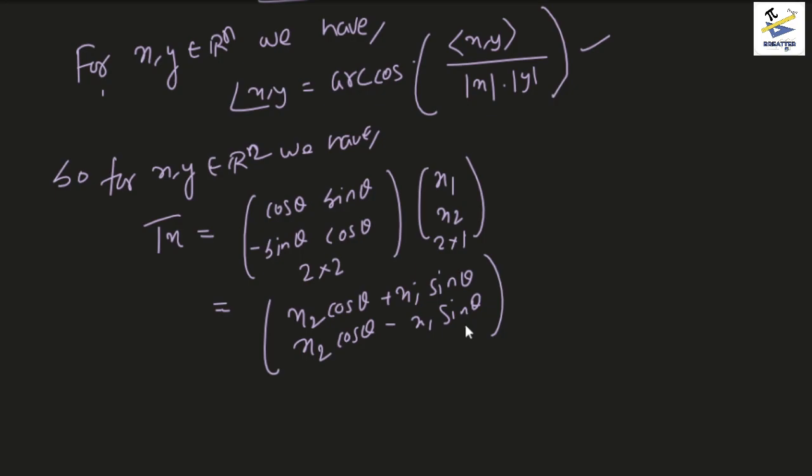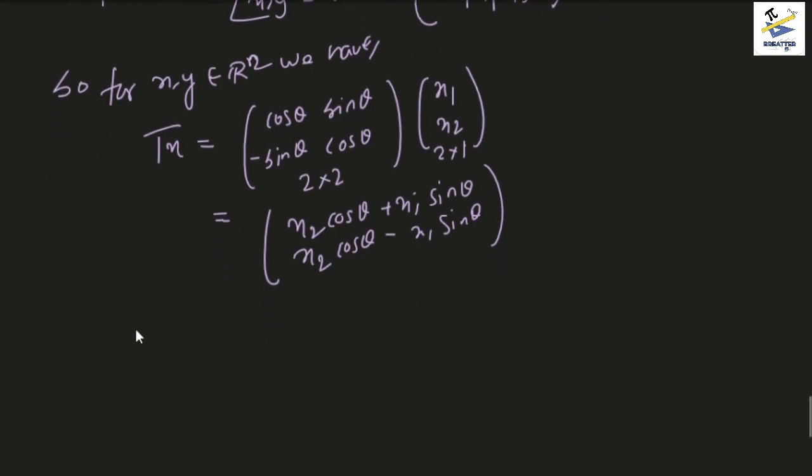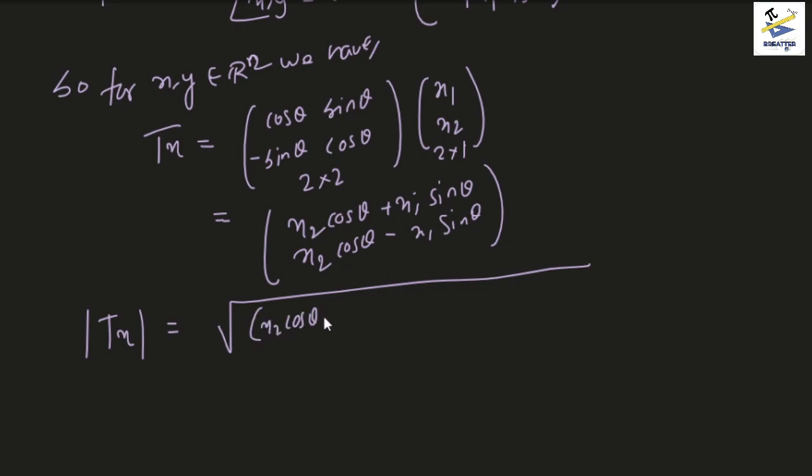This should be our Tx, and we can write the norm as follows. The norm would be the square root of the first term whole squared plus x2 cos theta minus x1 sin theta whole squared.